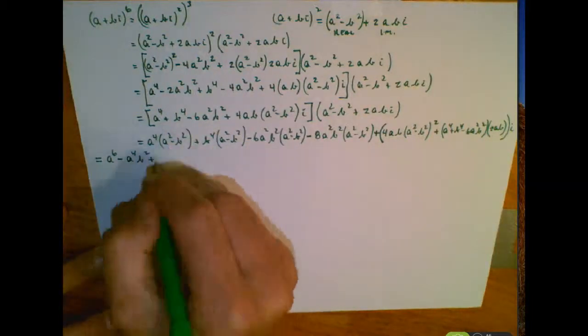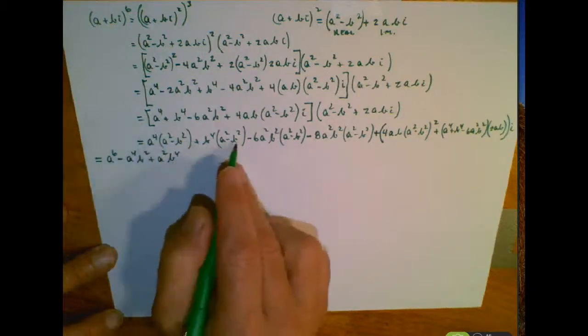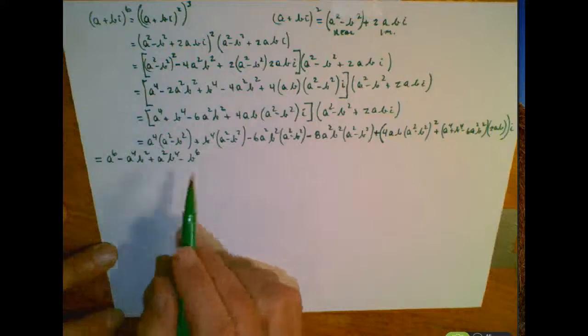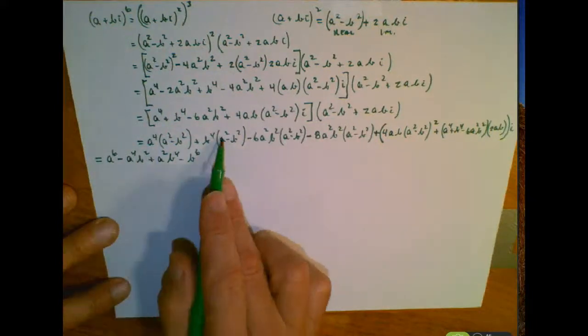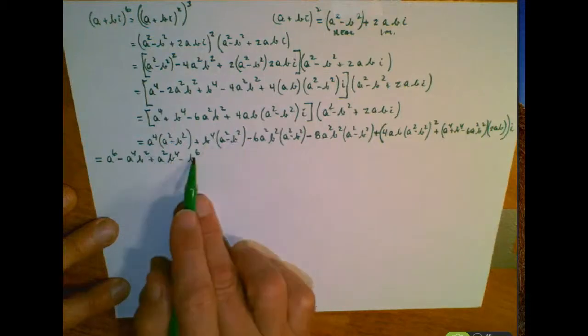So I'm going to rewrite this one now, a squared b to the 4th, and then minus b to the 6th. So let's double check. That term's there, that term's there. Then I have a plus a squared b to the 4th minus b to the 6th.